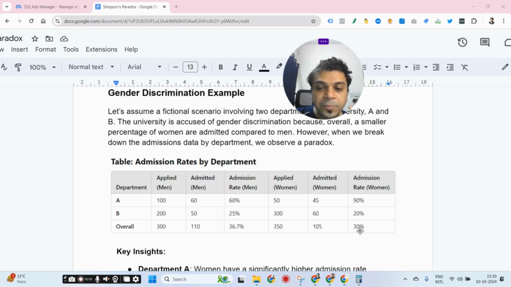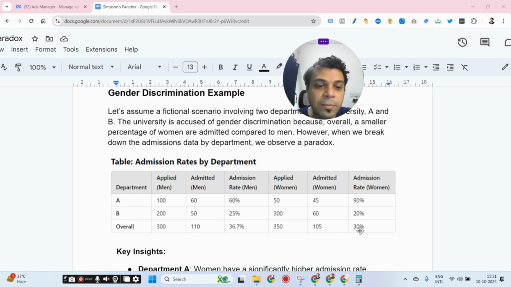So if I look at this data, it doesn't seem like there's much discrimination at all. In fact, women have a much higher admission rate in Department A. But in Department B, it was quite comparable, not a major drop at all. So it's not a consistent discrimination across departments or throughout the university.